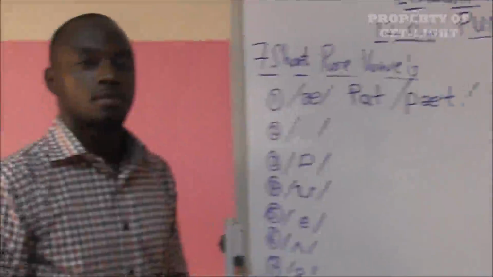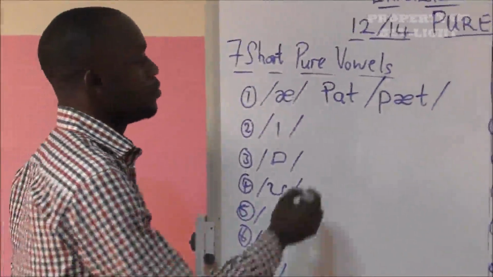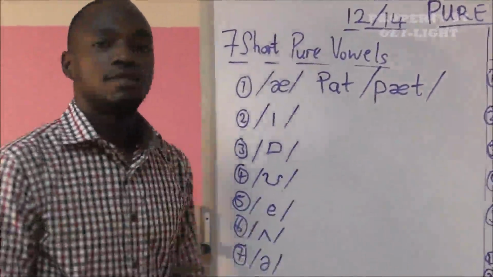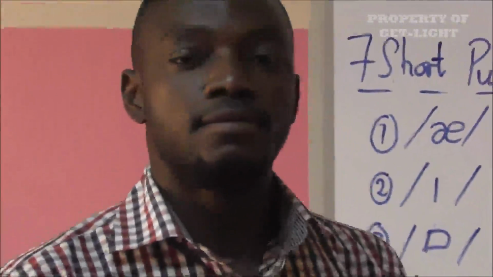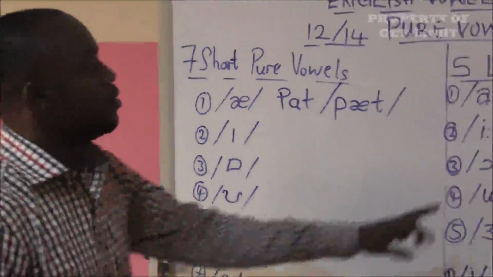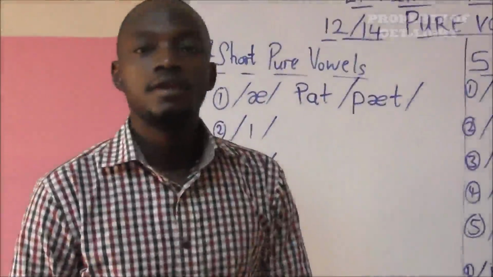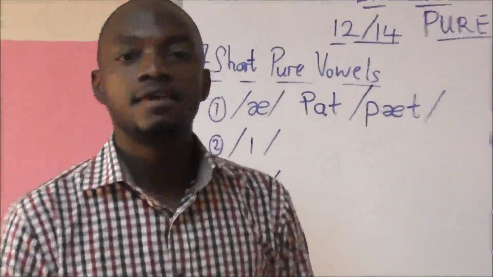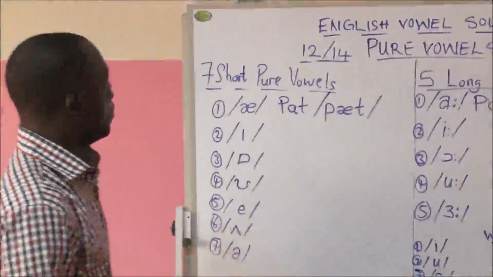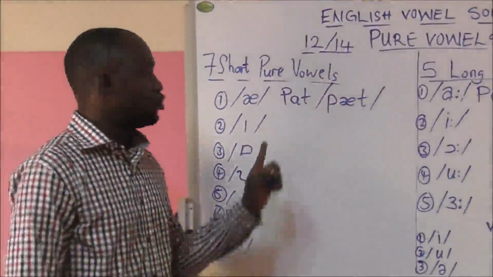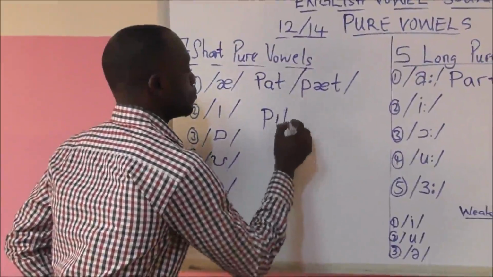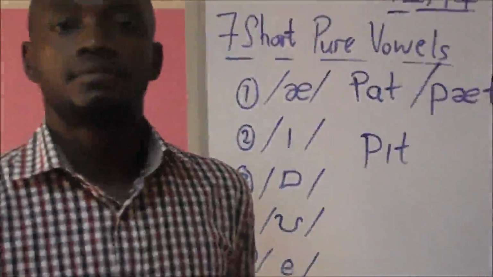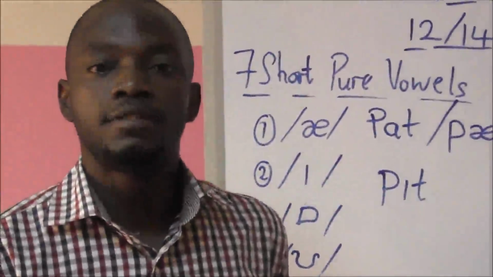Number 2, we have the short sound I. And the long one is E. An example, under the short form, we have pit. Pit.